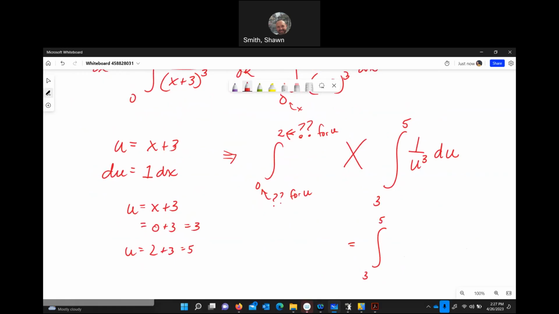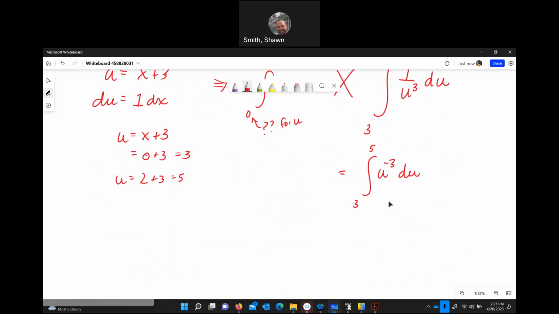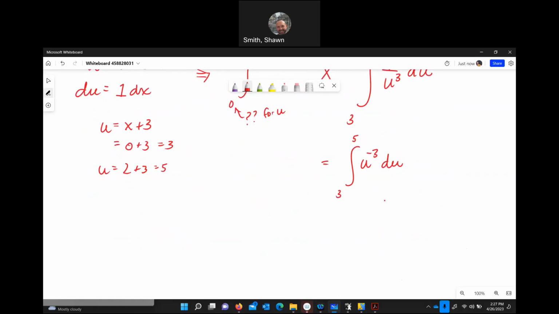So from 3 to 5, u to the negative 3 du. And now I could take the antiderivative of that. Add 1, divide by the new exponent, right? So this is going to give me u to the negative 2 divided by negative 2, evaluated at 5 minus the evaluation at 3.